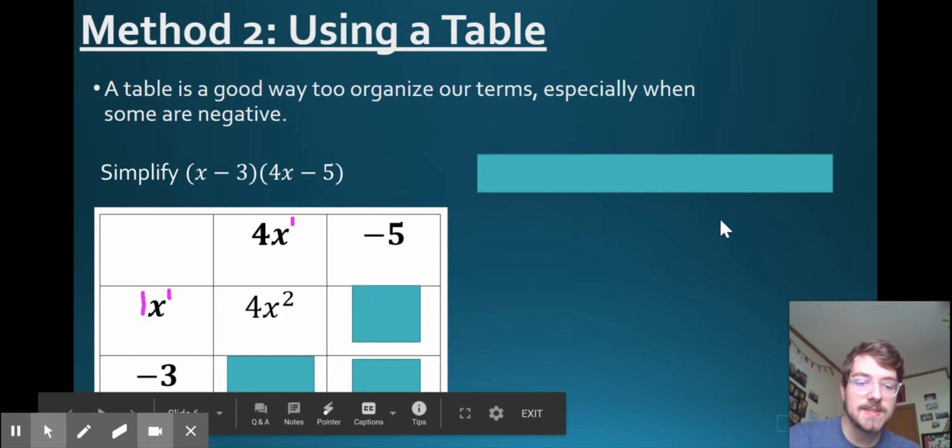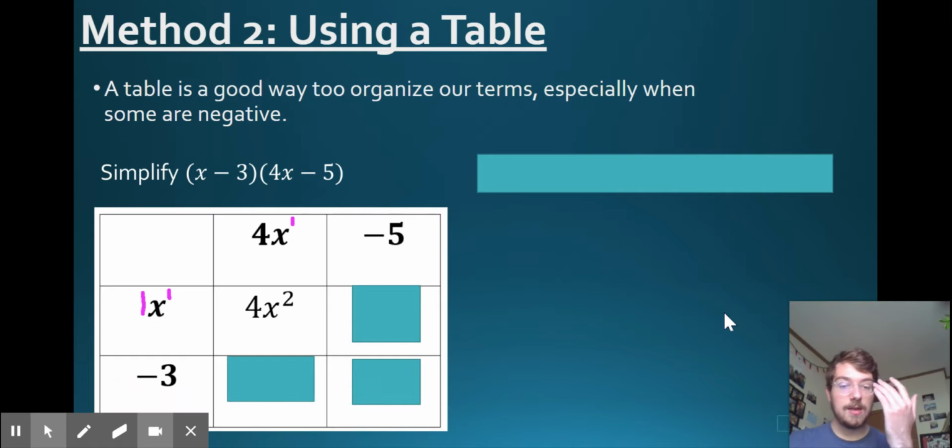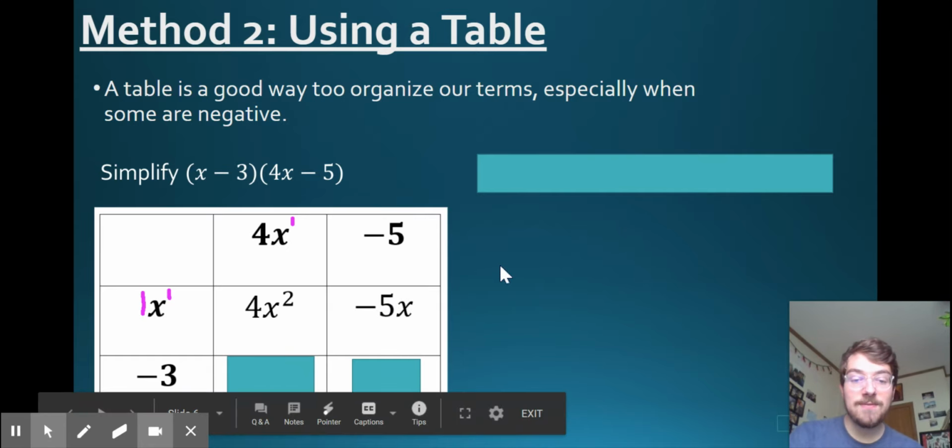So I should have 4x to the 2 for that value. And then we just have to do the other 3. So I have to do x to the 1 times negative 5, which I've just got a number and a variable. We know that those just slap together, right? So it should be negative 5x for that one.